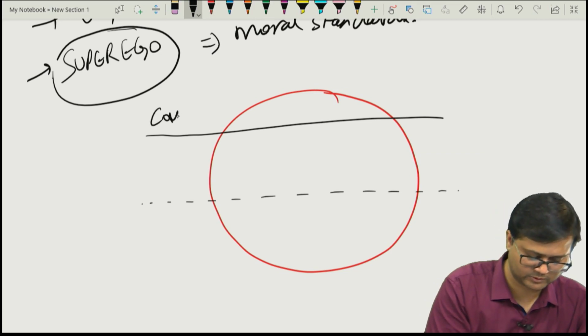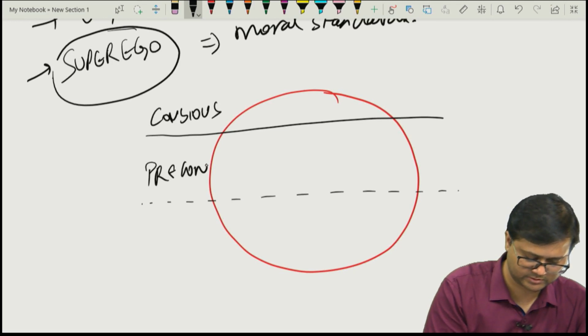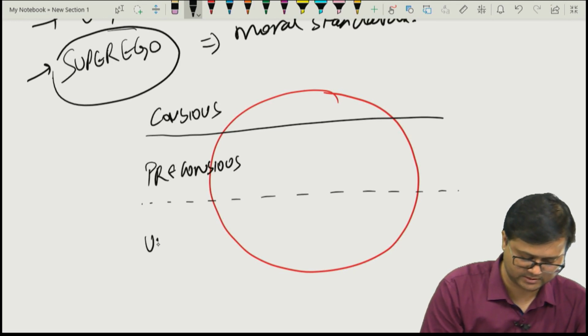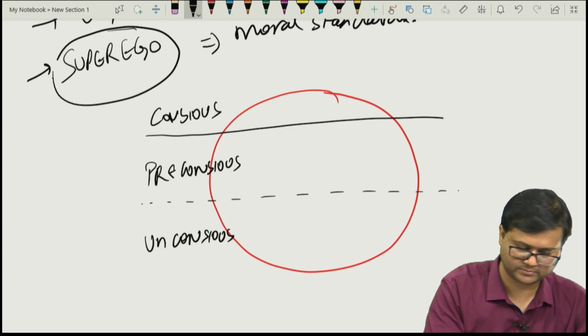So this is the conscious, preconscious and the unconscious part of the mind.